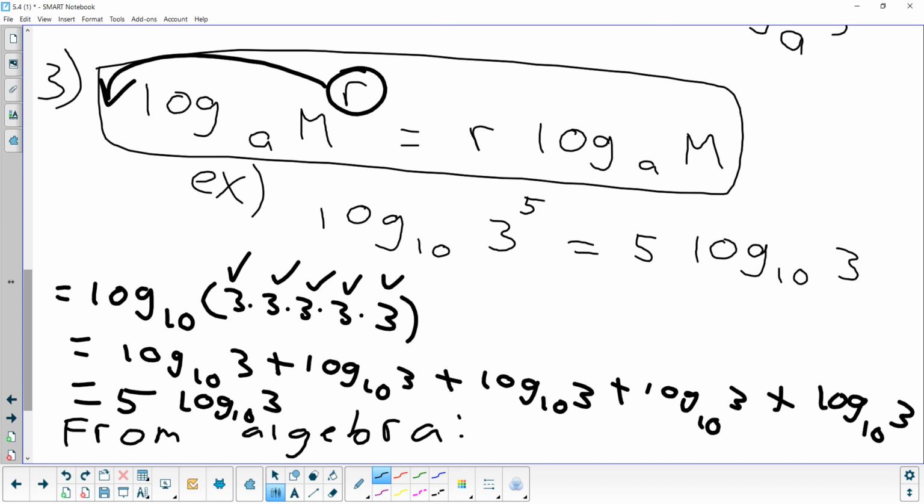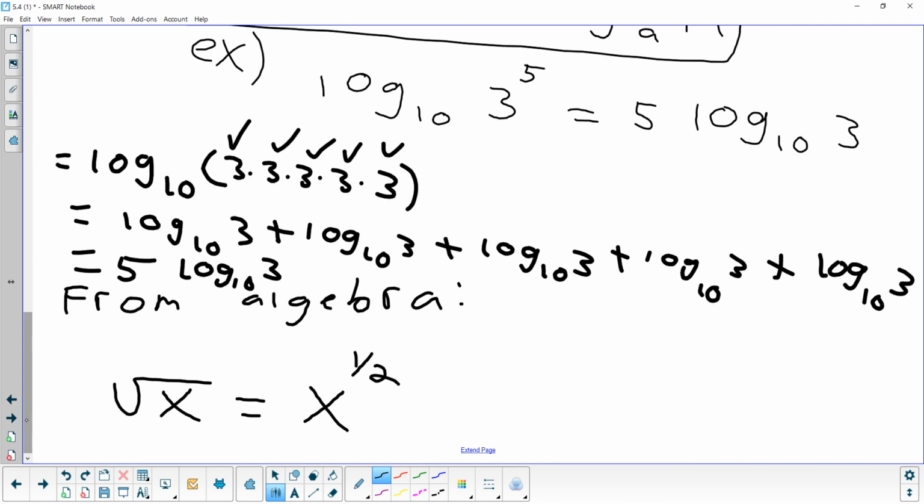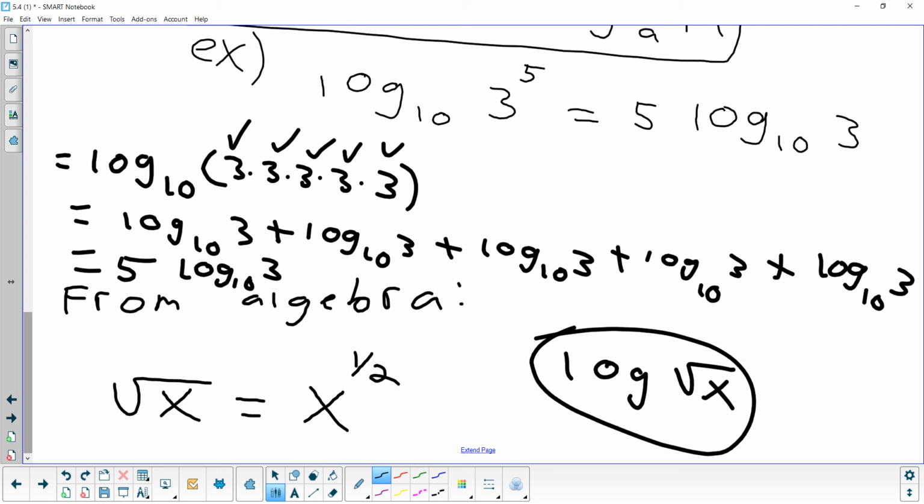And then from algebra, what did we say yesterday? I think it was yesterday or maybe the day before. When you have a square root, that's the same as raising something to what power? 1/2, yes. And that's important because if I give you a problem like this, and I say rewrite so there are no exponents in your final answer, and you leave something like this, I would mark it wrong. You might say, well, there are no exponents in that answer. Yes, there are.